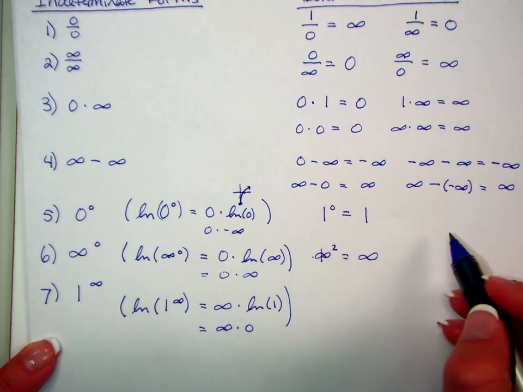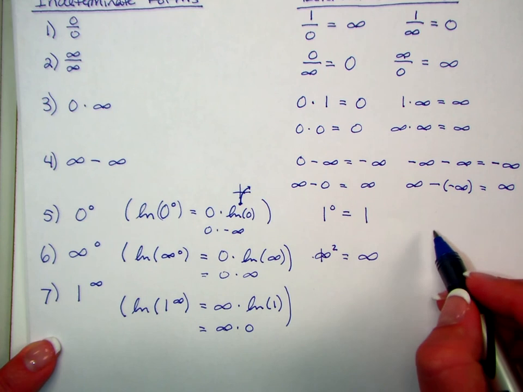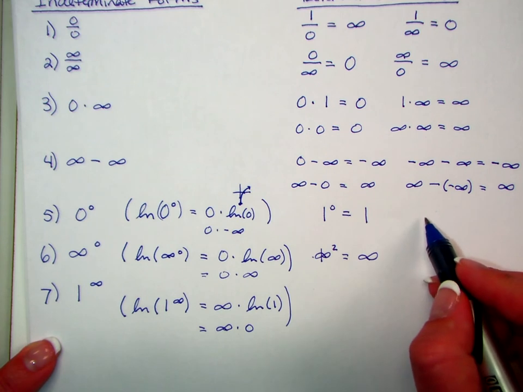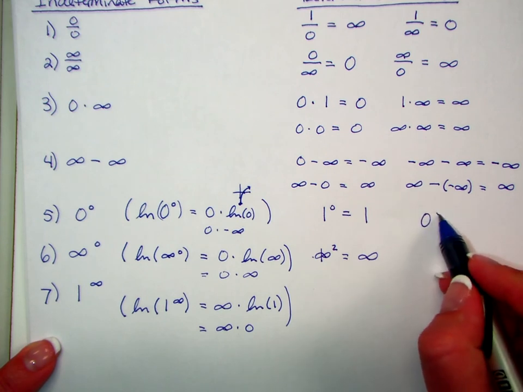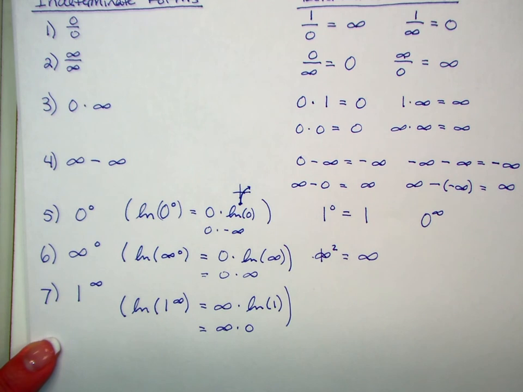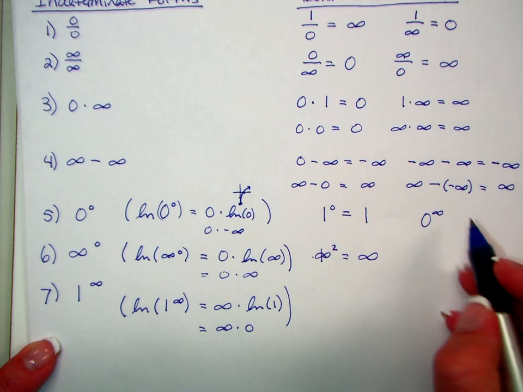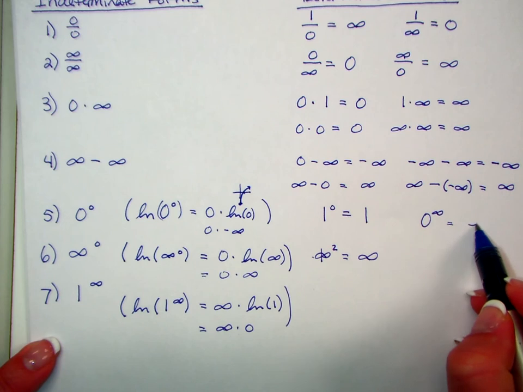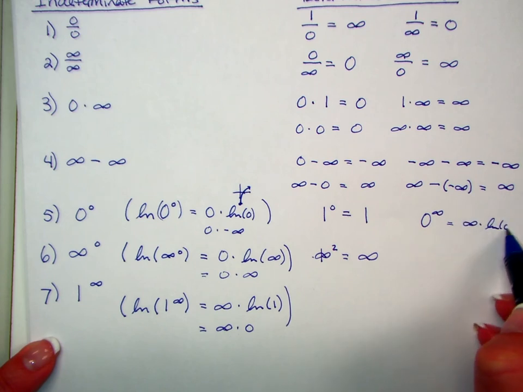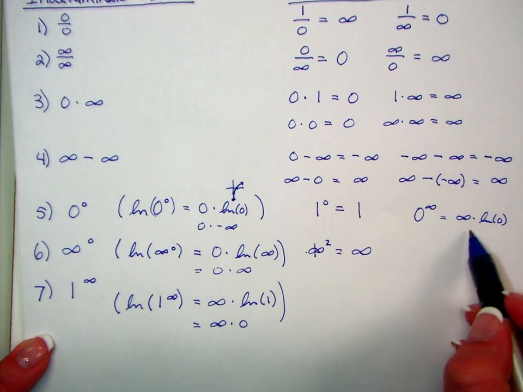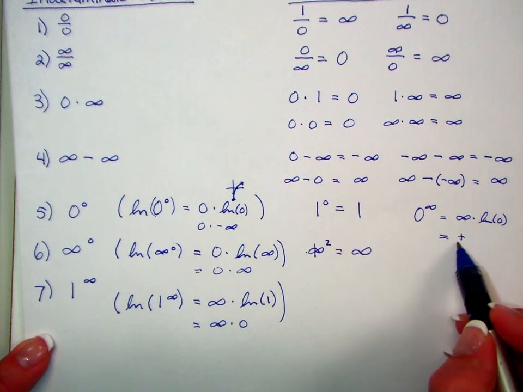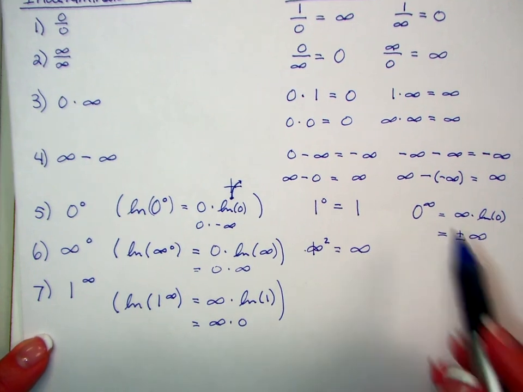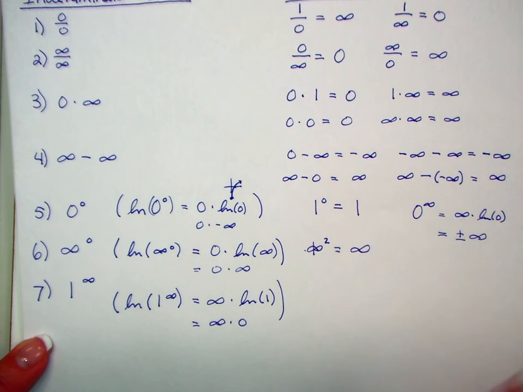How else can I mix these up? Let's do 0 to the infinity. If I were to ln this, I would get infinity times ln of 0, which is infinity times negative infinity. But you might watch out here, we might get positive or negative infinity. But it is determinate. It is one of the infinities.